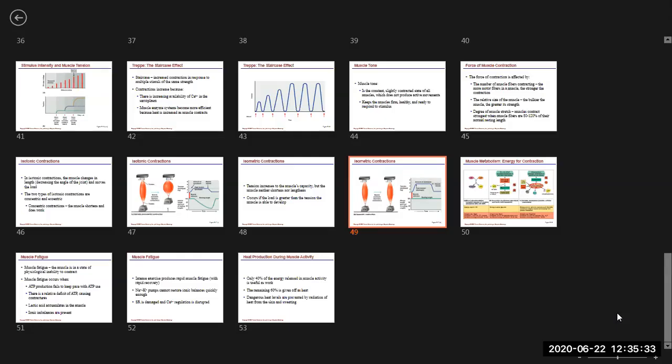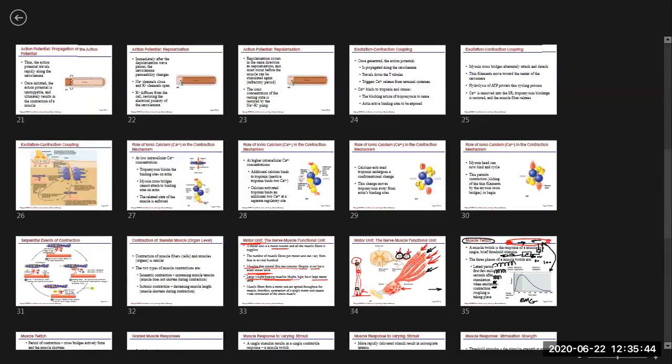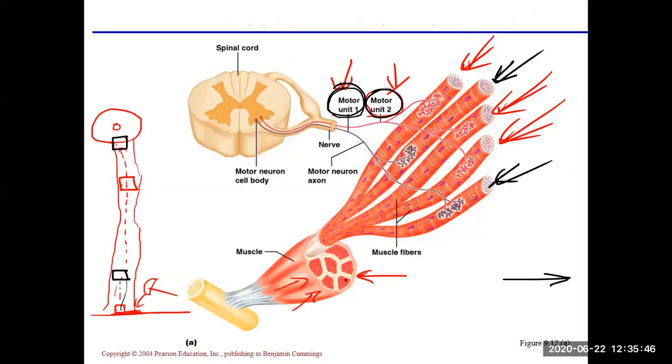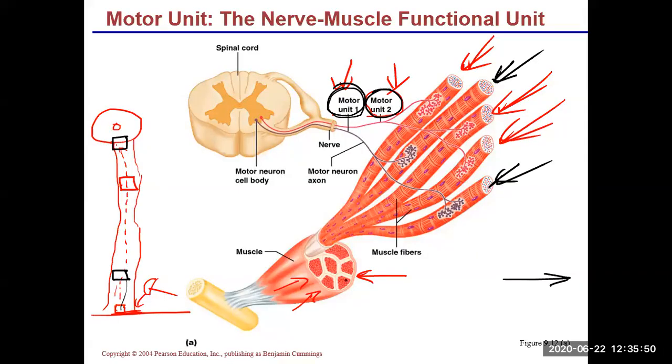When you are in an emergency situation, you can recruit a lot of muscles. Going back to this part right here. For example, something emergency, the house is on fire and you need to get out, right?